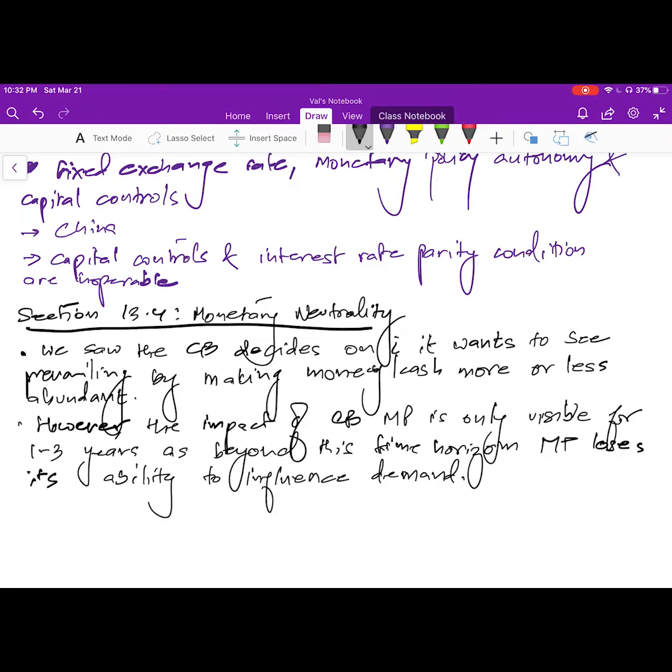So the name of the game, the monetary policy game, is to influence demand. But what we are arguing is that after 1 to 3 years, the central bank is not able to influence demand.